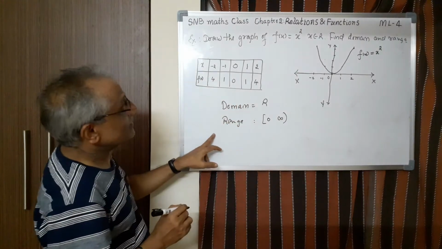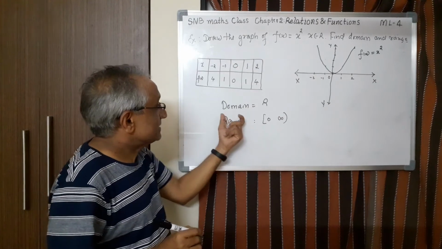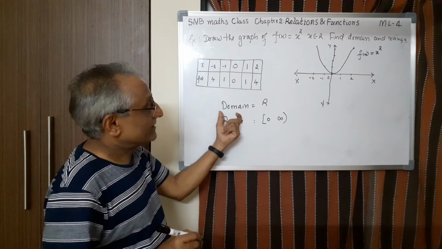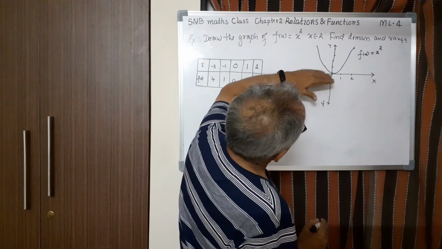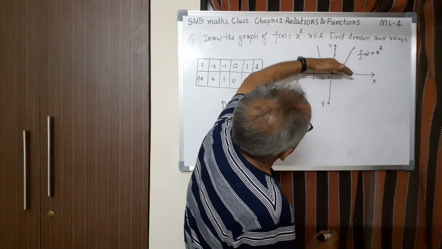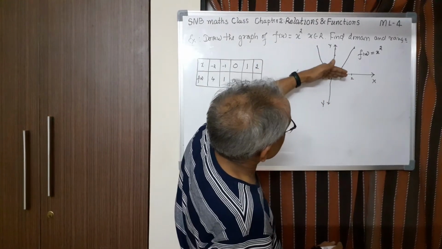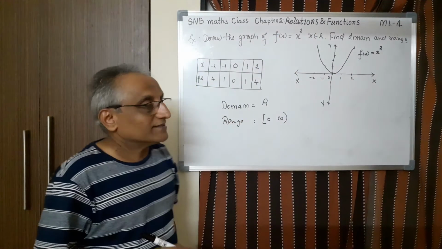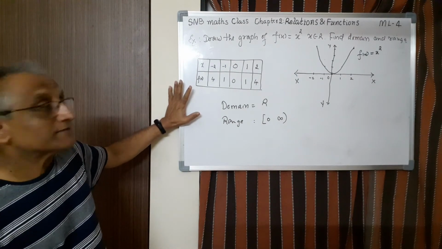So this is not R. So range is a subset of codomain. That is also revealed here. The values of f of x take only positive values, that is the y-axis. It won't come this side. So this side is not the images. So this is the second example of polynomial function.